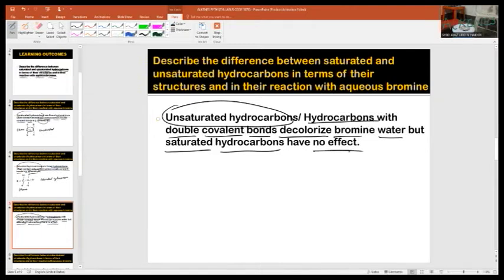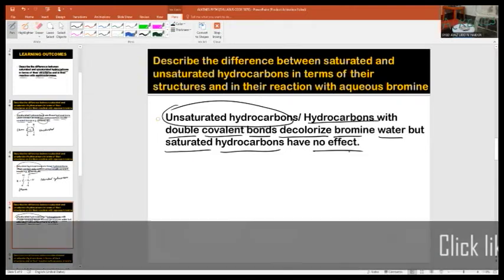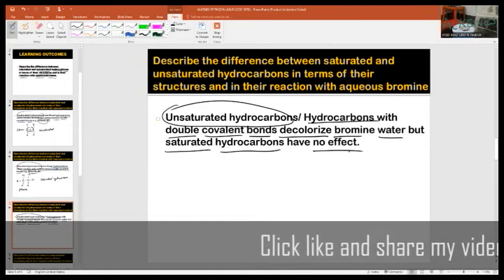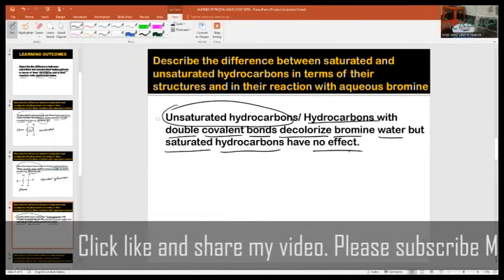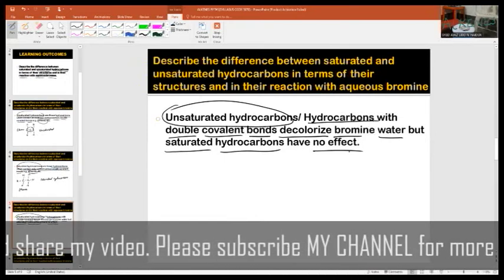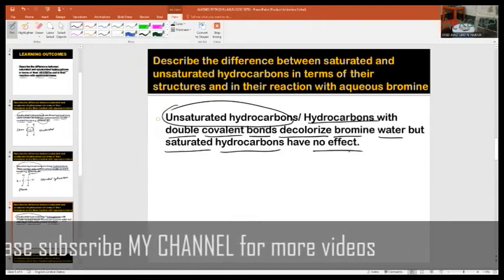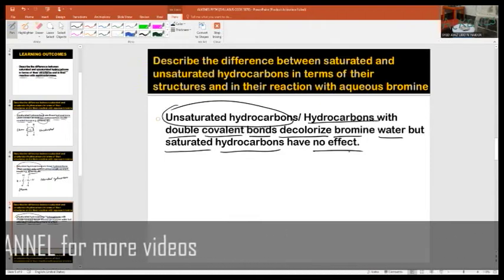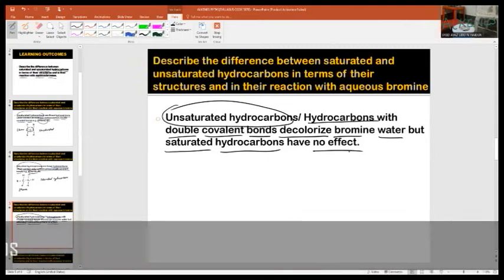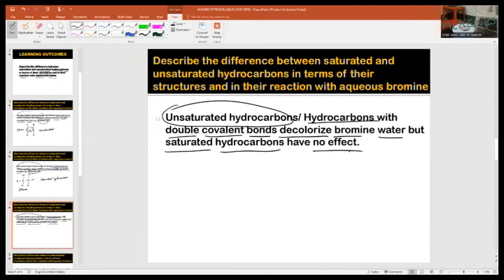Any hydrocarbon or organic compound which has carbon-carbon double bonds can decolorize the bromine water. This is because they are unsaturated. Saturated hydrocarbons or organic compounds have no effect on bromine water because they don't have any carbon-carbon double bonds.